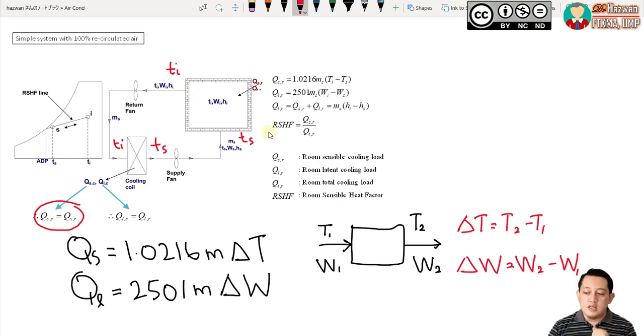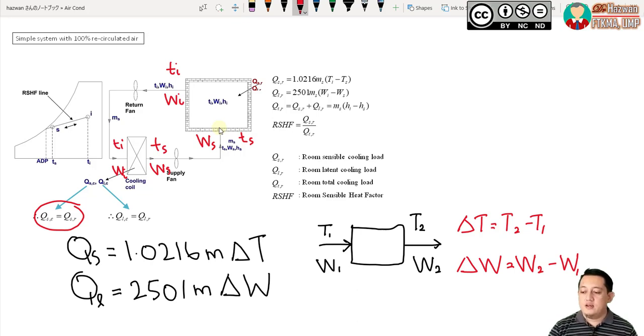What about the latent heat? Latent heat is also the same. For the cooling coil, we have Wi and Ws. Before entering the room it is Ws, and after leaving it is Wi. To calculate latent heat, we use this equation multiplied by the difference of the humidity ratio, Wi and Ws. The room also has Wi and Ws.